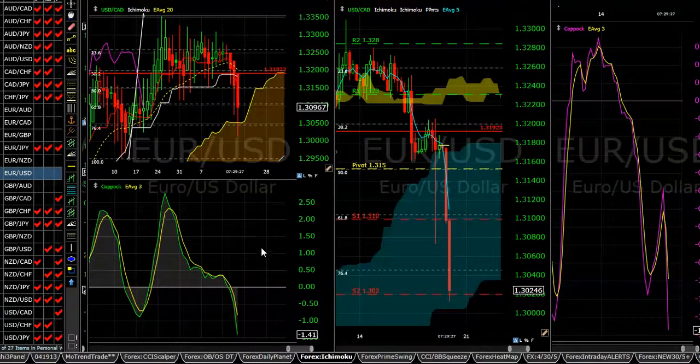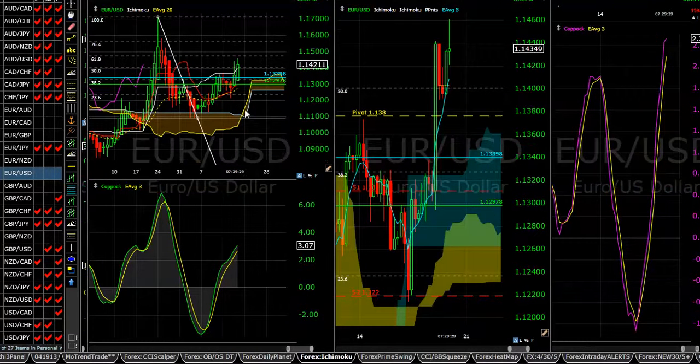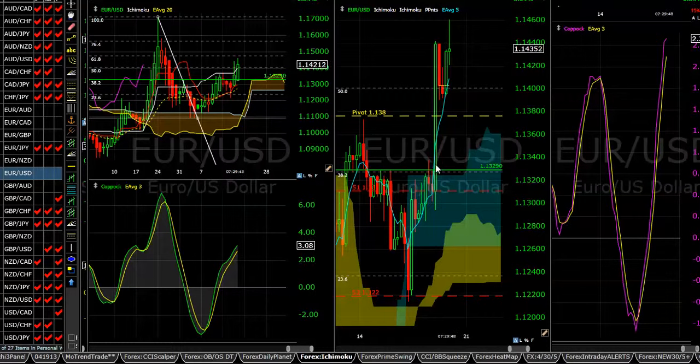Mentioning the Euro US dollar, I mentioned before in that video where the pair had been unable to move above that 38% fib line. Well, that has changed now, and this green line represents the daily Heikin-Ashi fractal line, which is now currently right at the 38% fib line, as you can see on both charts.